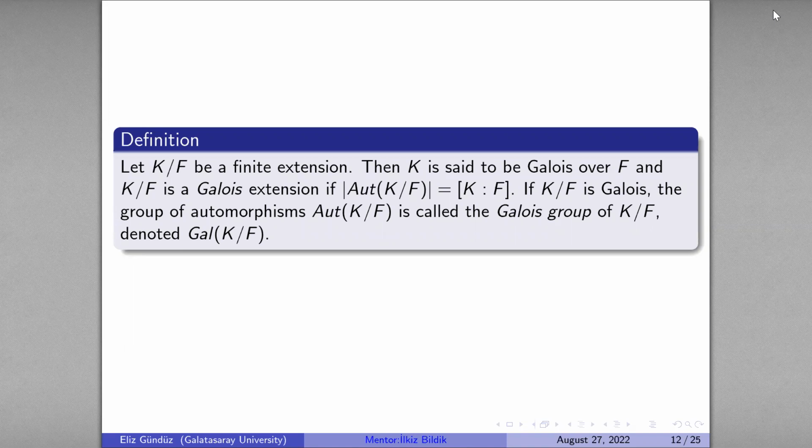And if the extension is Galois, the group of automorphisms of K over F is called the Galois group. And note that an automorphism of K over F is an automorphism of K which fixes the elements of F. Equivalently, we can say that a Galois extension is an algebraic field extension that is normal and separable.